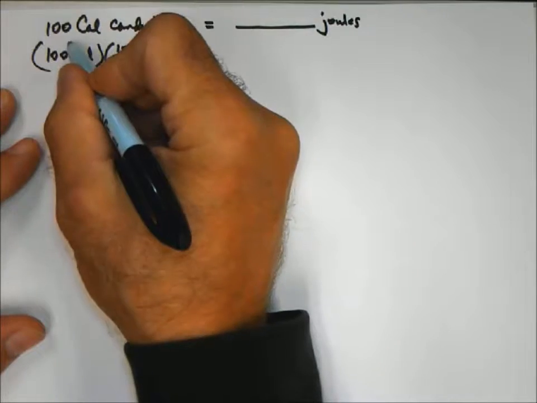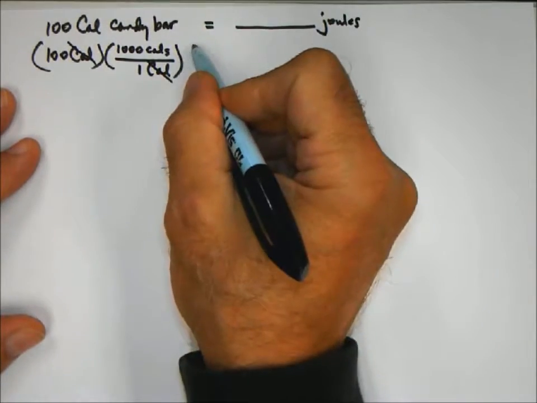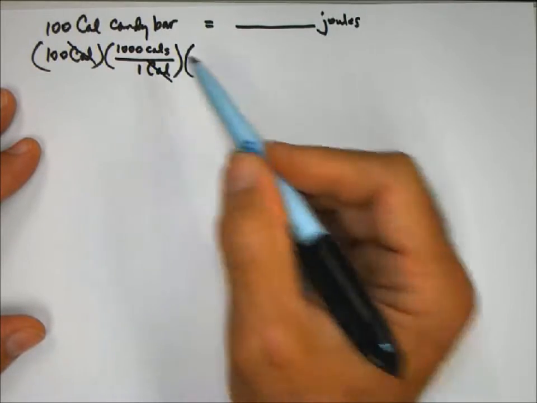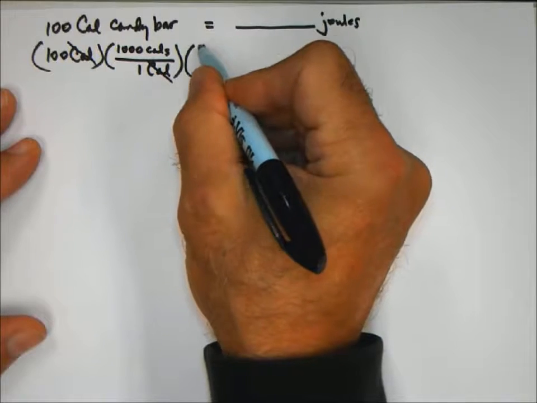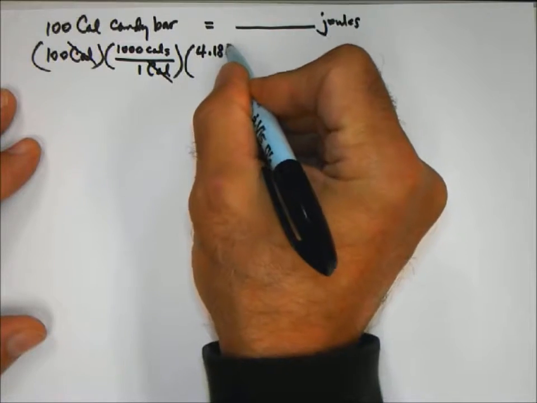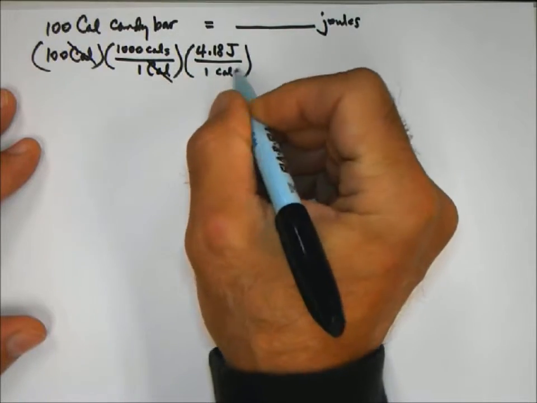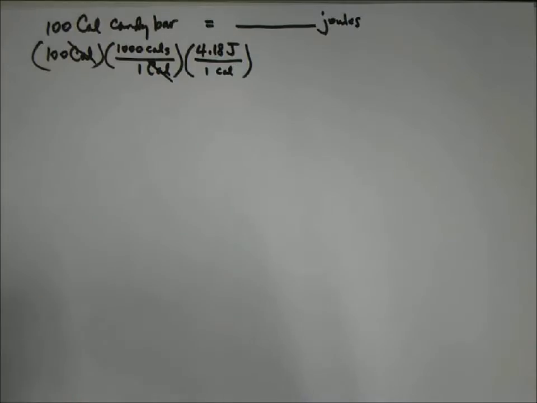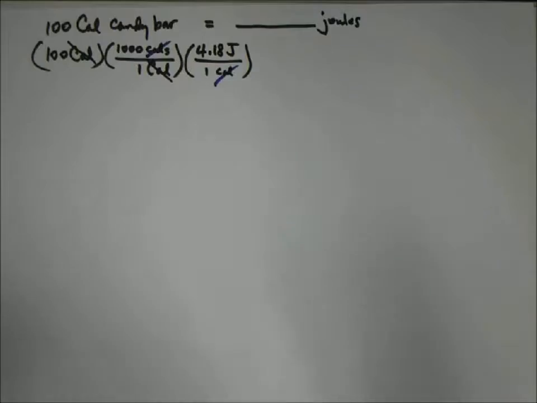And then now I can convert little calories to joules by remembering the relationship that there are 4.18 joules for every 1 little calorie. And then we can see that the little calories will cross cancel like that. And that leaves us with what we're looking for, which is the joule.